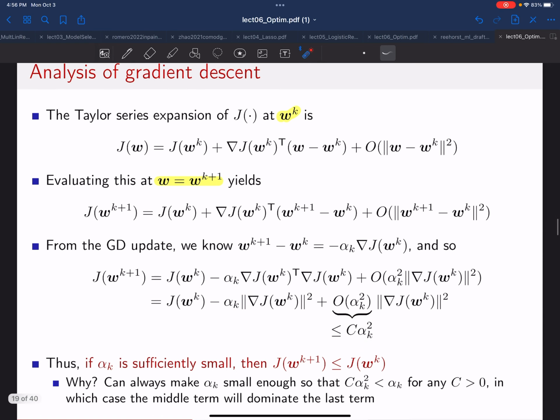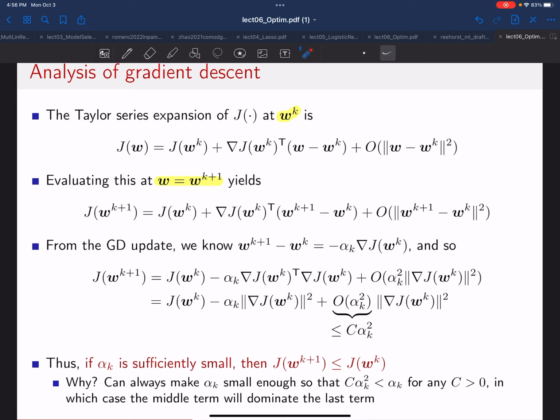So here's the key point. If you make alpha k sufficiently small, essentially this term will overwhelm this term, and that means that this whole thing will become negative, or at least never positive. Okay? The reason why that works is, remember, when alpha k is very small and you square it, it's even smaller, right?